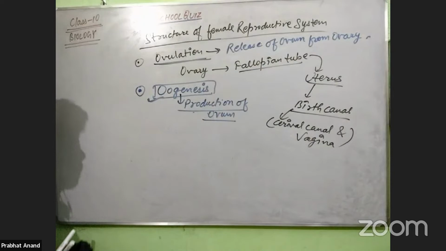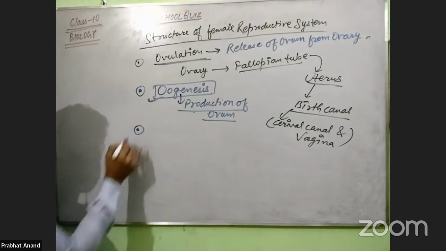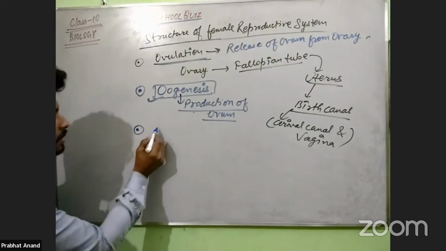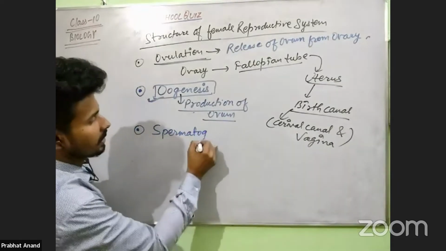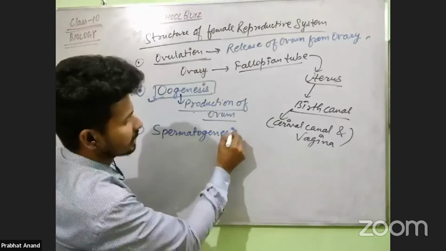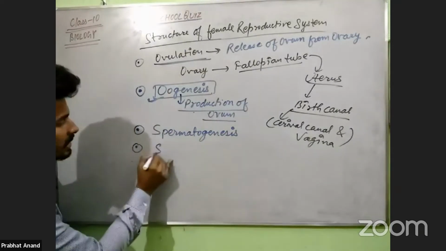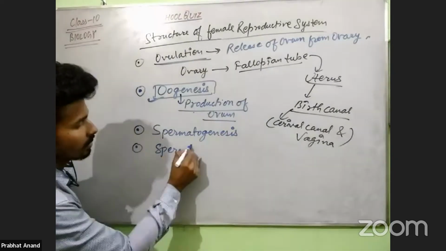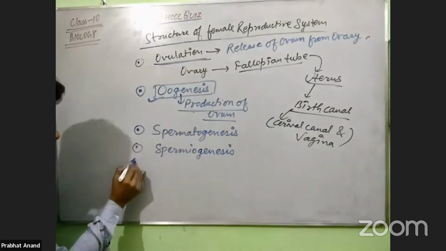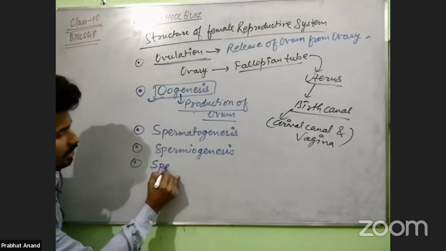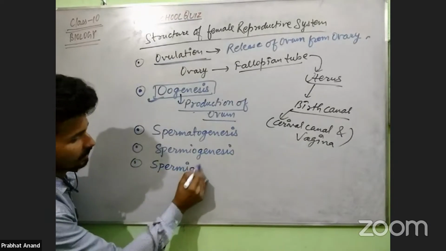In a similar way, in the male reproductive system, the production of sperm is called spermatogenesis. The second is spermiogenesis. And the third is spermiation.